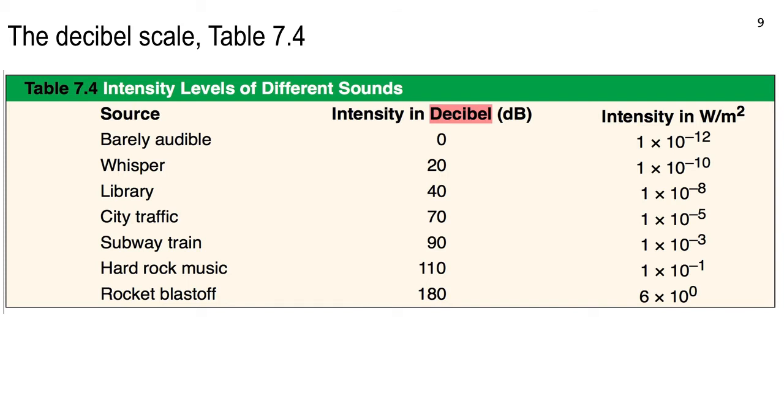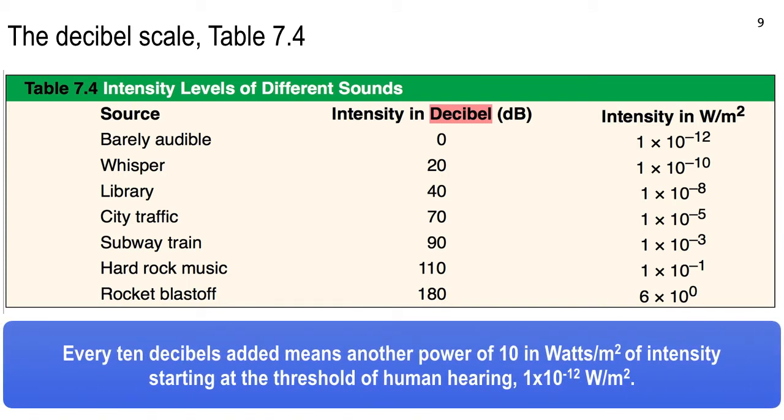All right, so every 10 decibels means another power of 10 in the watts per square meter column. Okay. So decibels is kind of an artificial rating. The thing you actually measure is watts per square meter.